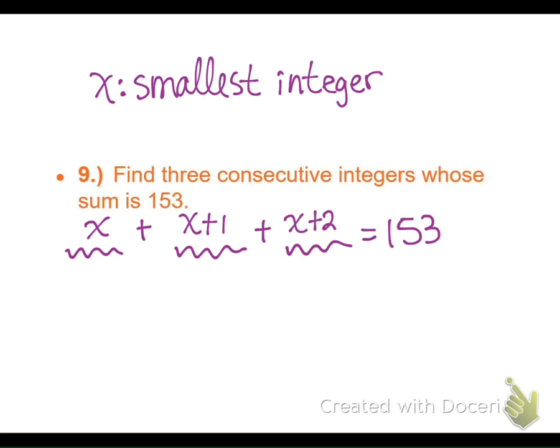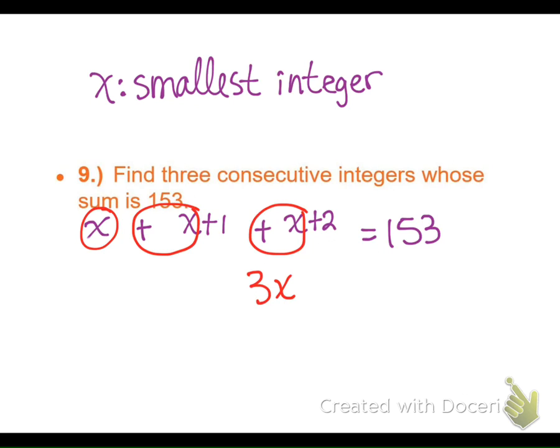All right, so now that we've got this set up, I'll take away my little placeholder squiggles. What can we do to solve? I hope you're saying that we can combine like terms. We've got all these x's here that can be combined. x plus x plus x gives us 3x.